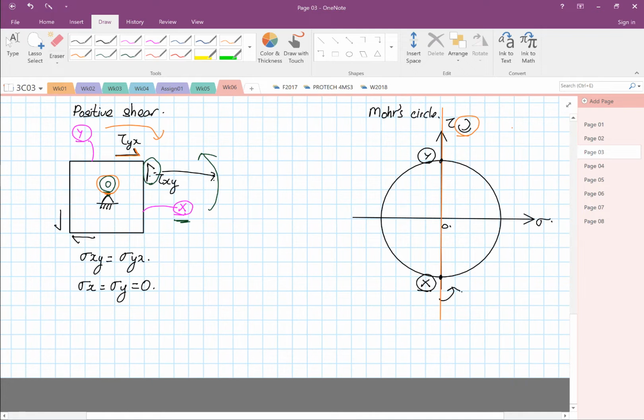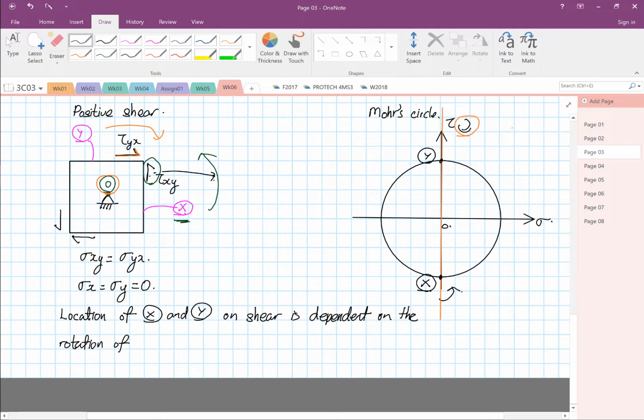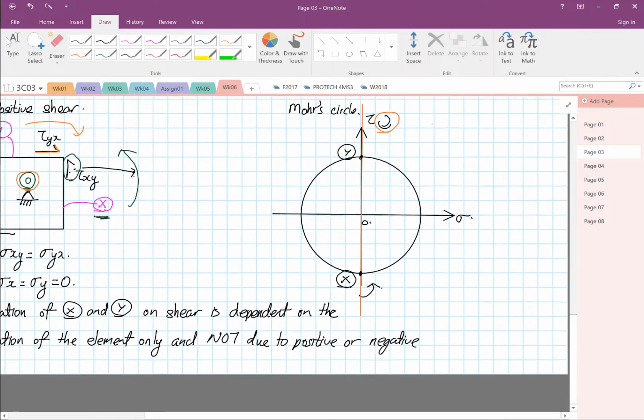So what we learn down here, an important thing to note, is the location of x and y on shear is dependent on the rotation of the element only, and not due to positive or negative, right? Nothing to do with positive or negative shear magnitude.